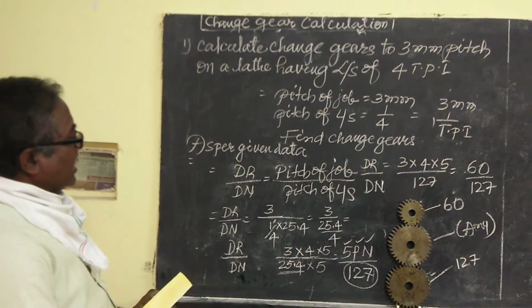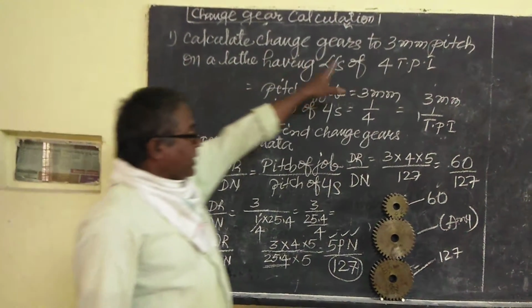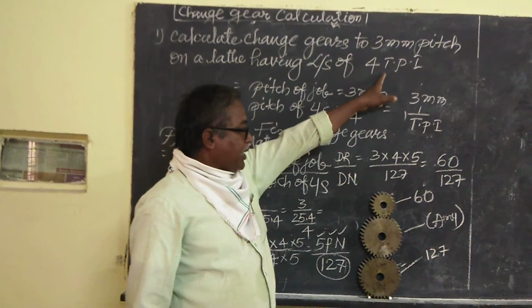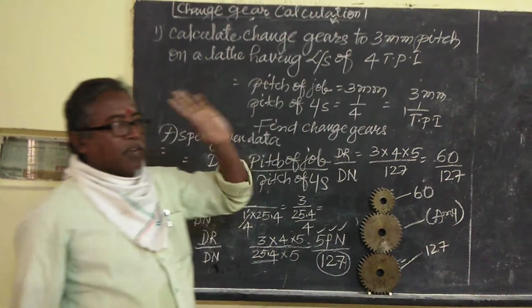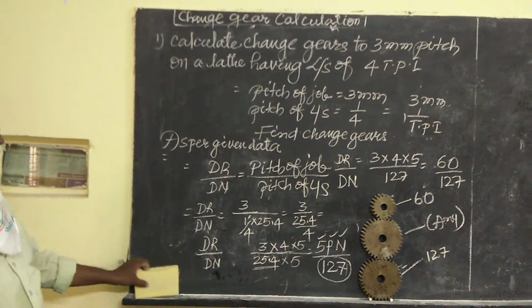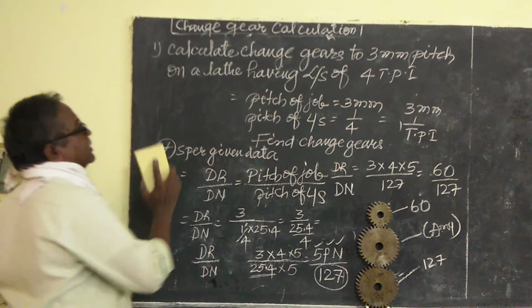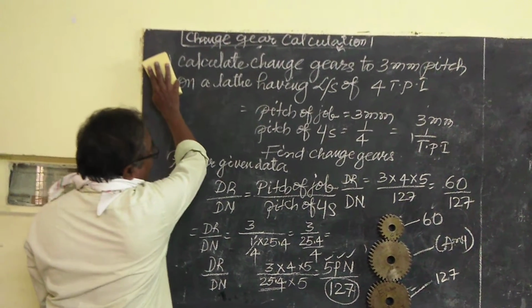So instead of doing all these things, whenever you want to cut a metric pitch on a British lathe, the 5pn by 127 formula, you have to learn by heart.